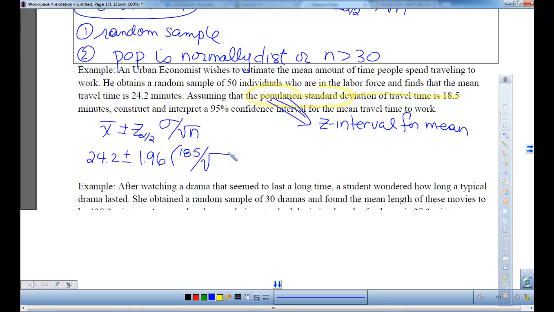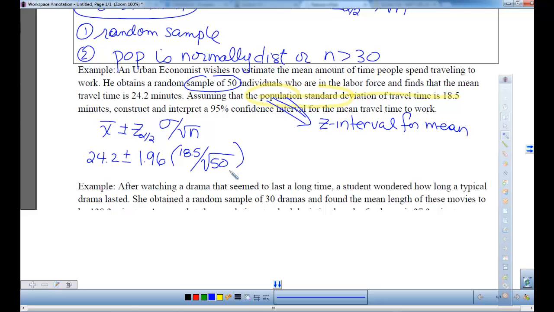And the sample size in this case, I didn't stop and think about that. In order for me to do this, I really do need either to know that the population is normally distributed, it didn't say that, or that my sample size is greater than 30. Do I have that? Yes, I've got a sample size of 50.